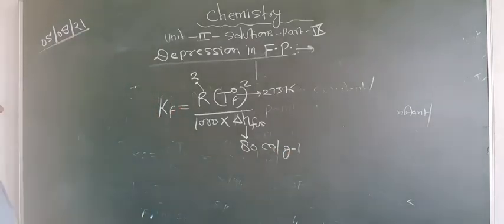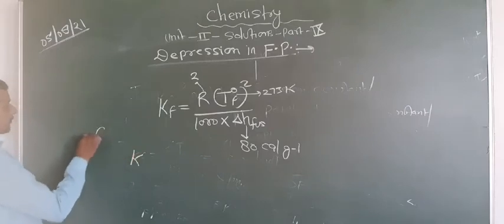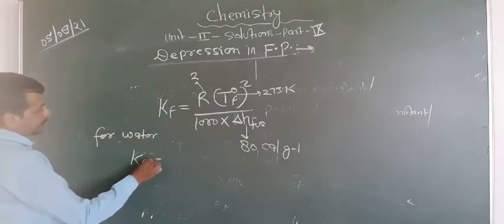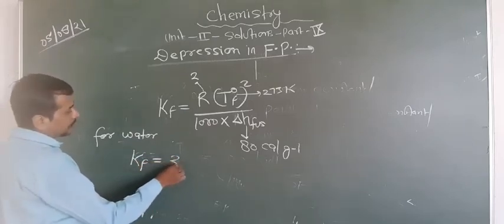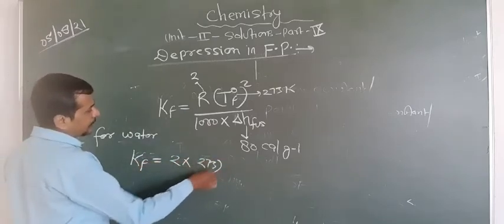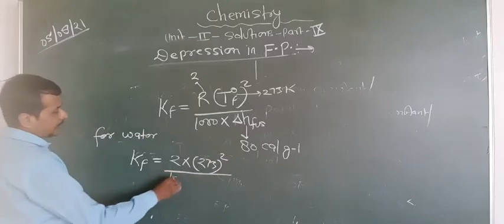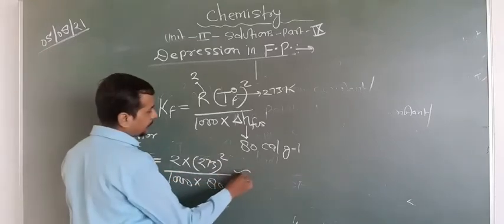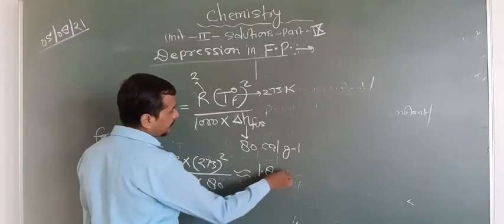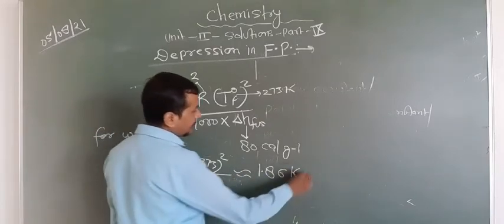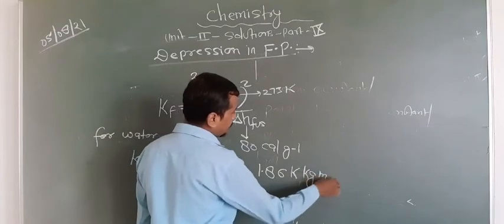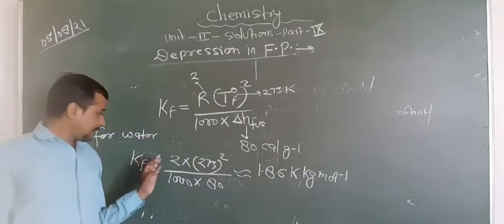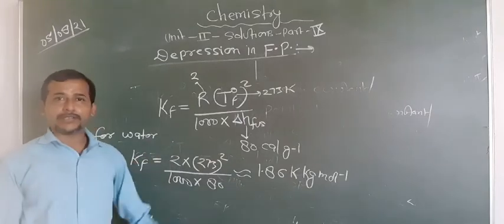Now computing this value for water, we get 2 multiplied by 273 whole squared divided by 1000 multiplied by 80. This gives the approximate answer 1.86 K kg per mole. So this is the molal depression constant for water.